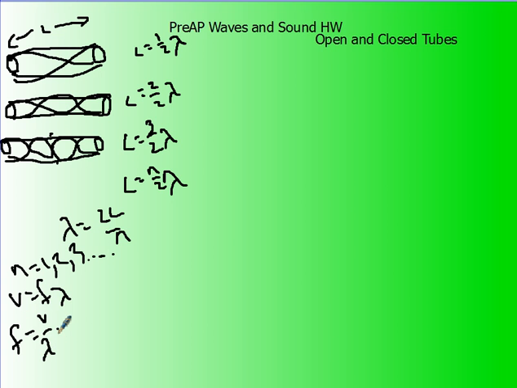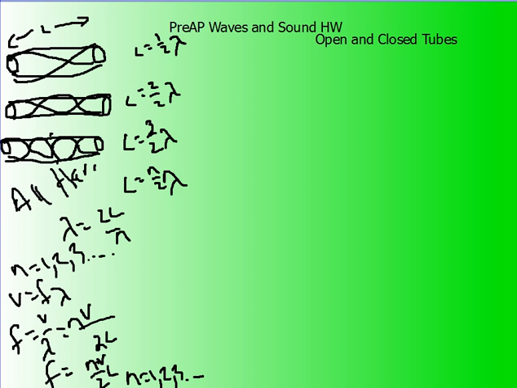Plugging in lambda, this is v over 2L times n. So the frequency for open tubes is nv over 2L, and n is 1, 2, 3, etc. This has all harmonics.